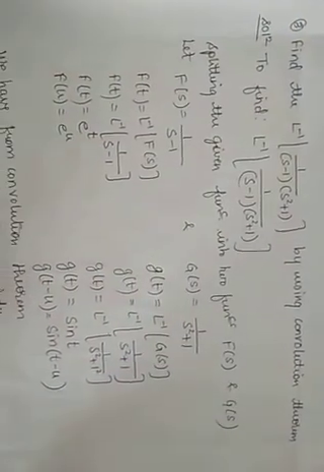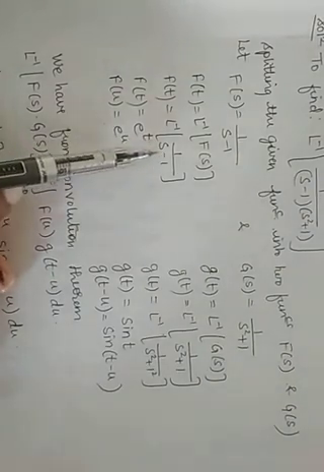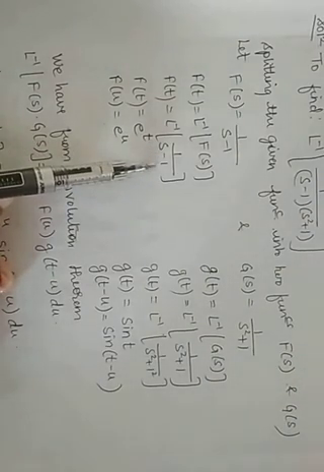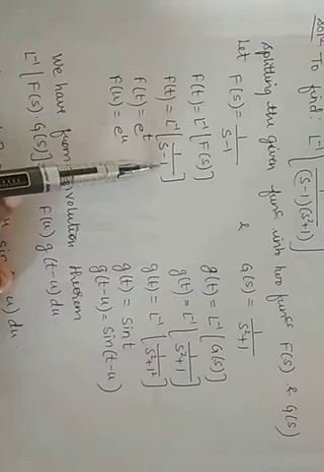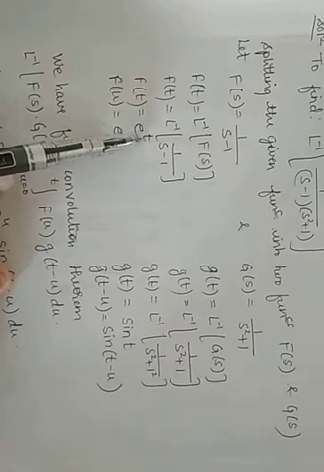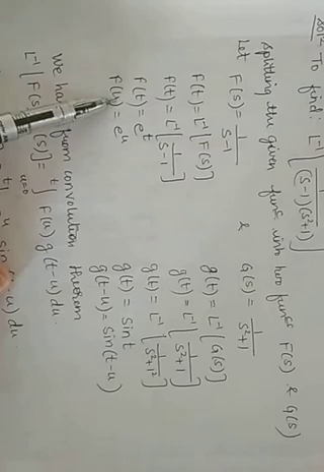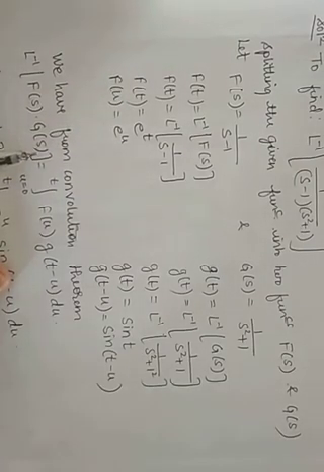It is L inverse of f of s, that is L inverse of 1 upon s minus 1. So L inverse of 1 upon s minus a is e raised to at. Now a is how much? 1. So e raised to t. Once you get f of t, find f of u. Just replace t by u. That is e raised to u.